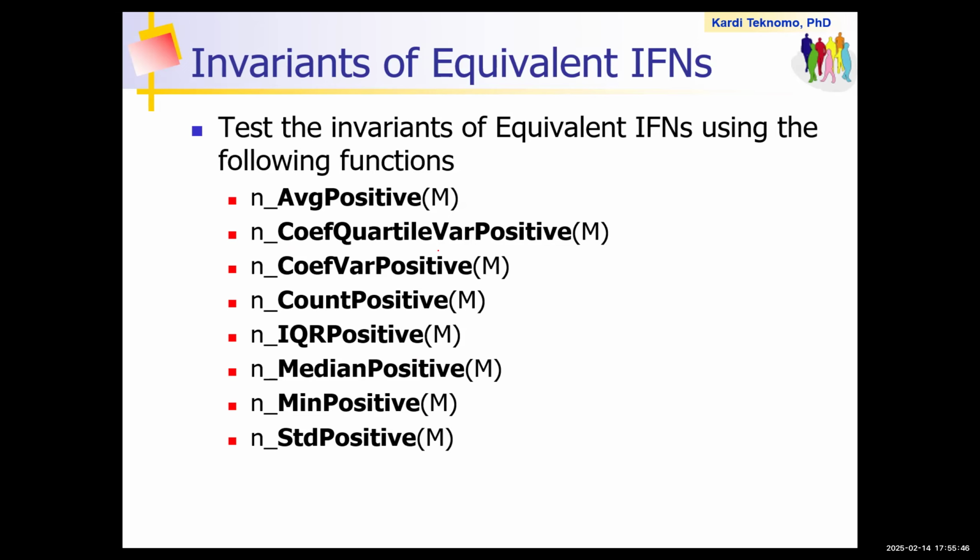Coefficient quartile variation positive means you will get only the positive values of this matrix M. The same with coefficient variation positive. If you use just count in Excel, you will not get the correct number because it will include the zeros. Count positive will only count the positive ones. The same with average positive, and standard deviation positive will only get the positive values of the flow.